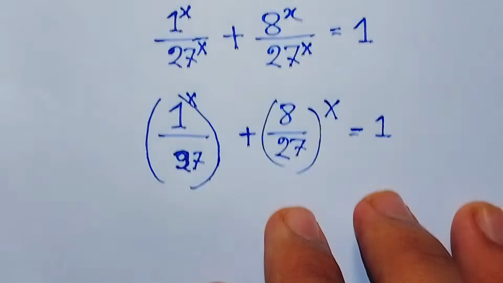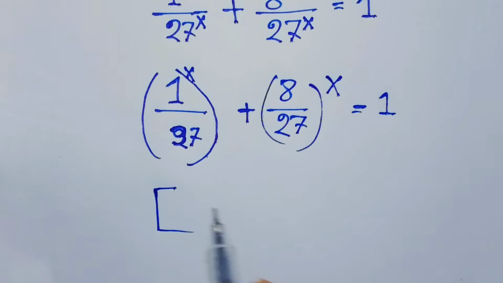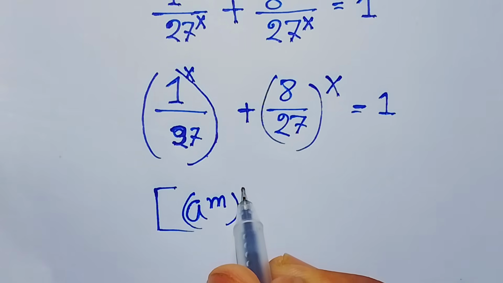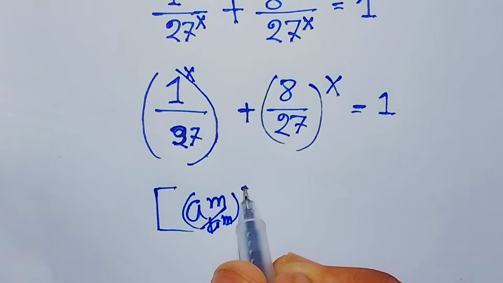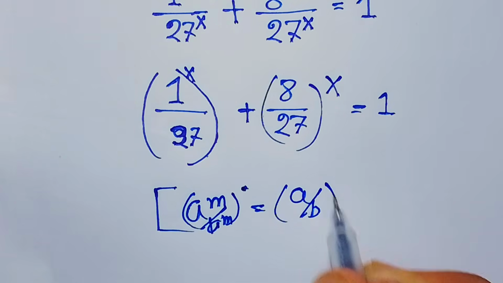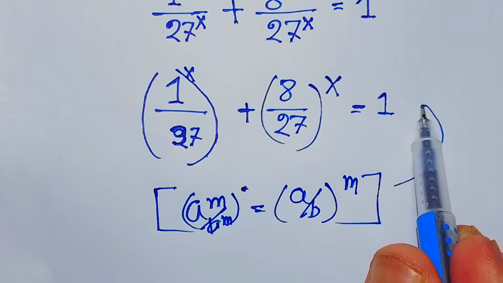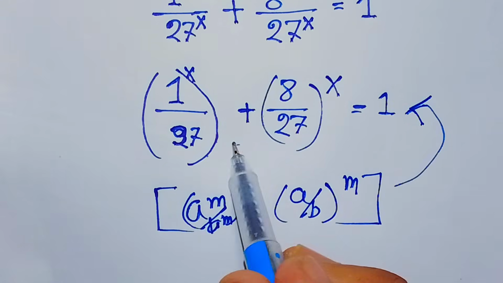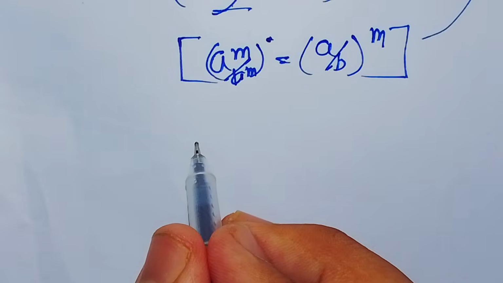Here we just use an algebraic exponential formula, which is (a to the power m) divided by (b to the power m) is equal to (a by b) to the power m. Alright, this formula is applied here. Hope you understand this solution.